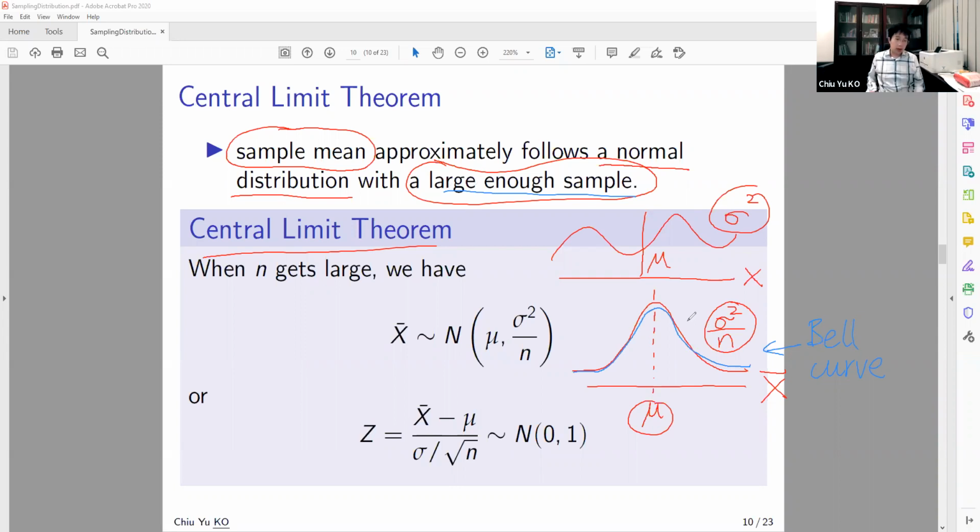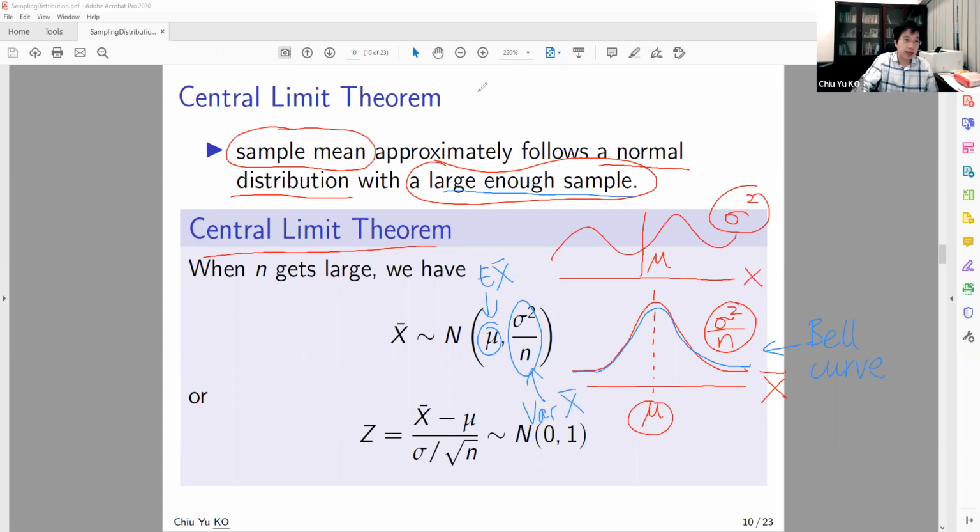So that's why this is very important, because what we get in the data is the sample mean. Knowing it's a bell curve will help us do what we need to do next week, the estimation and all this. So this is already known, because this is the expected value of X bar, and this is the variance of X bar.